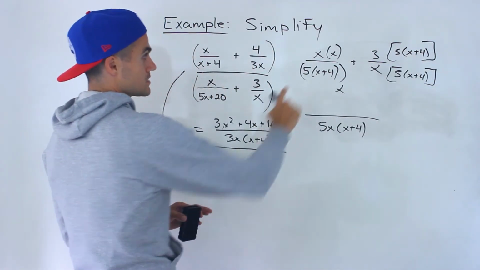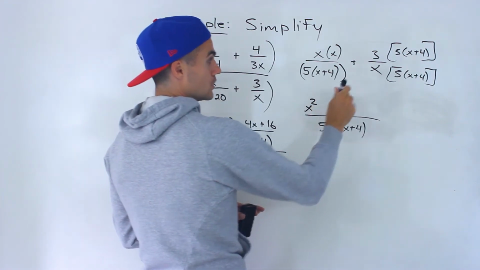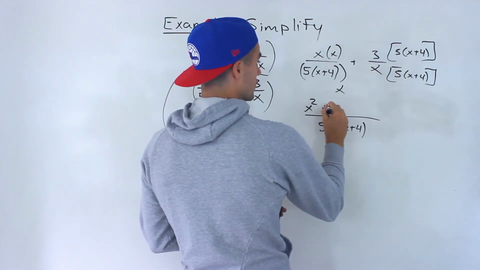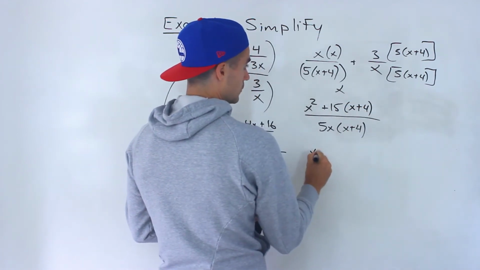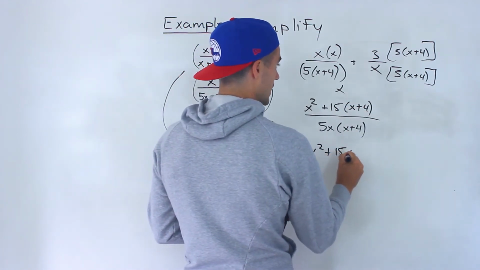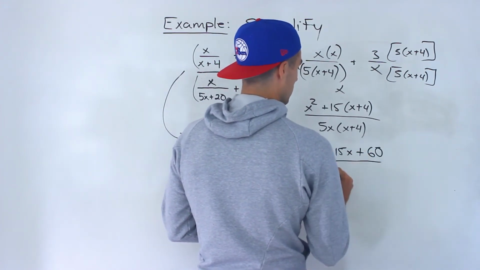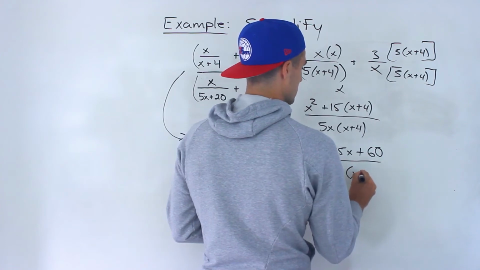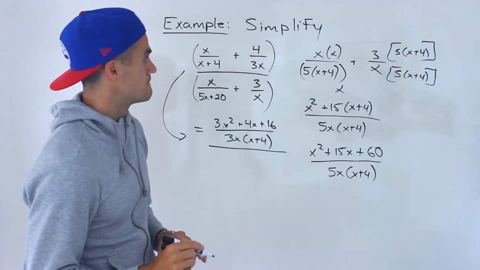Like that. So x times x is x squared, and then when we multiply the 3 and the 5, we'll have 15, the x plus 4 still in brackets, then we'll have x squared plus 15x plus 60. And that's going to be all over 5x times x plus 4, like that.